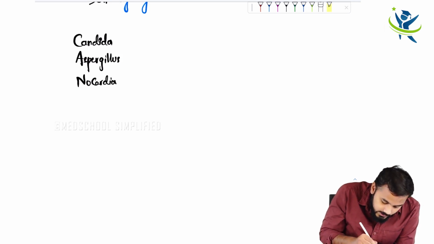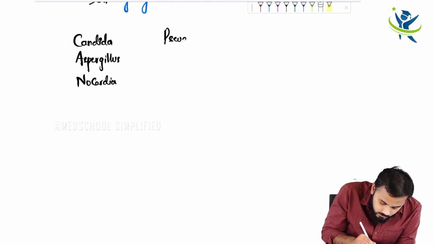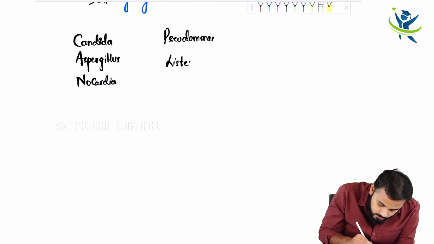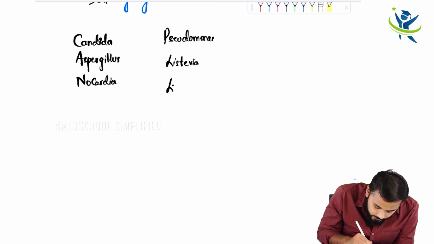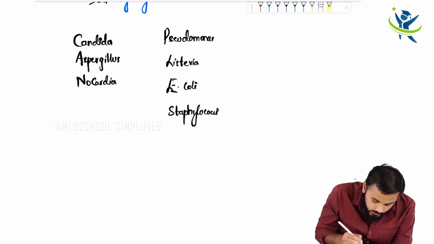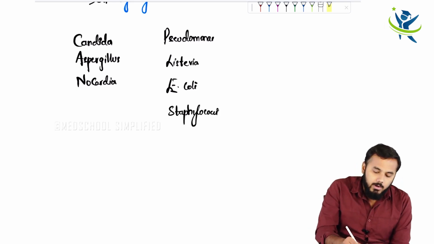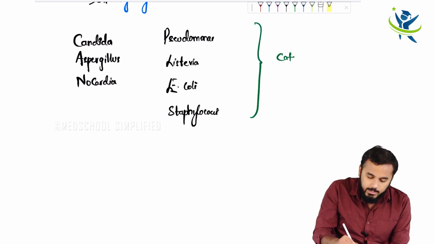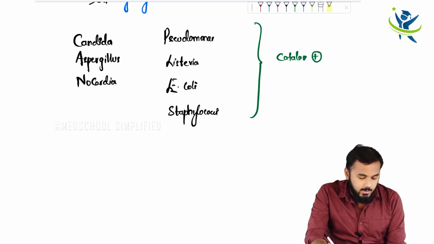Not only that, even Pseudomonas, Listeria, you know Listeria monocytogenes, E. coli, and Staphylococci. All these bacteria are called catalase positive organisms, right?